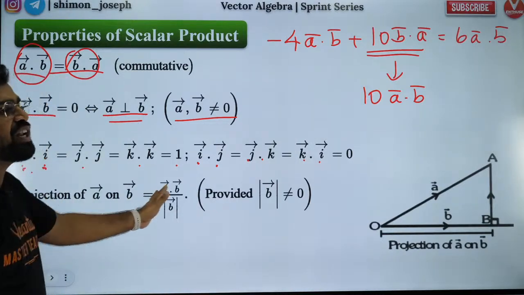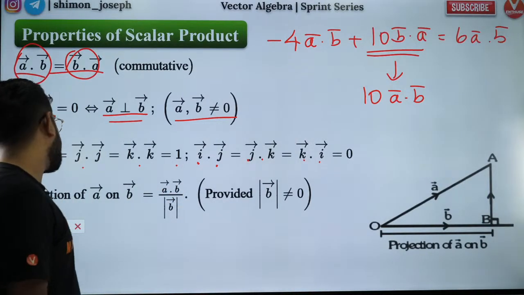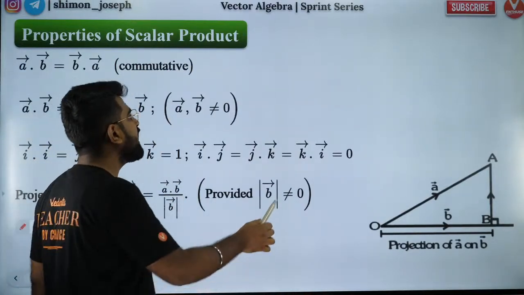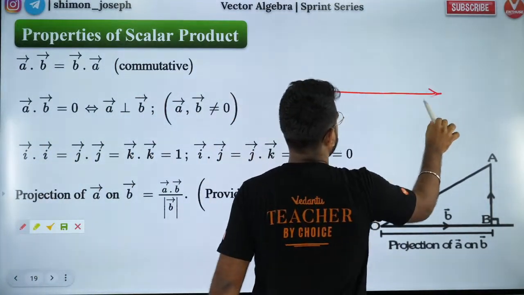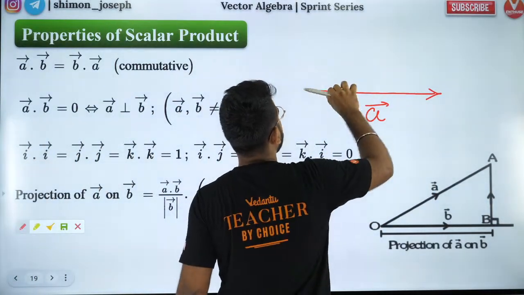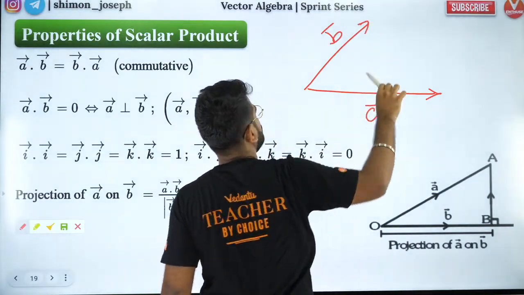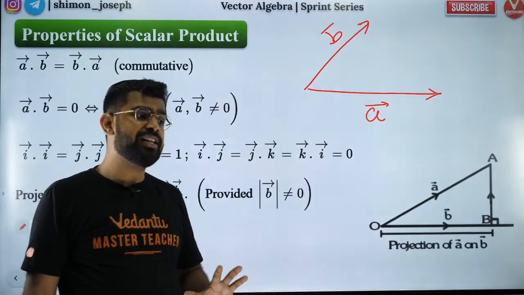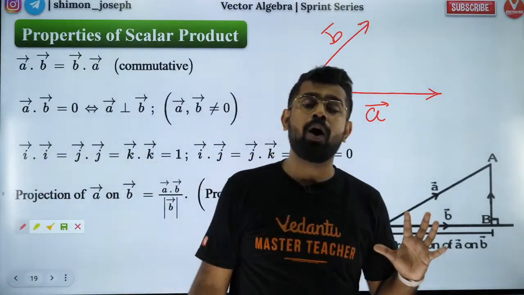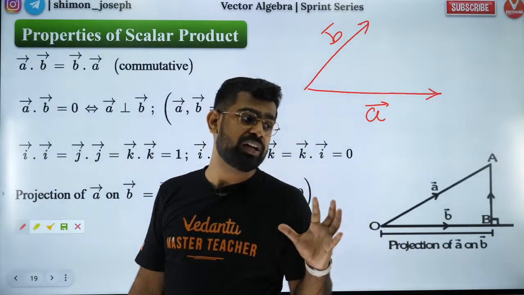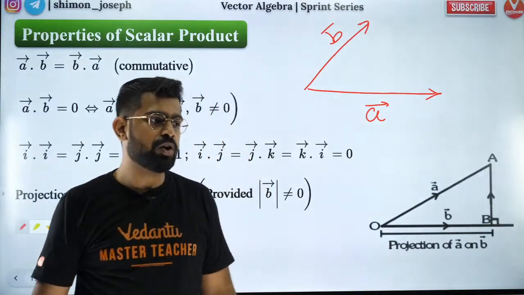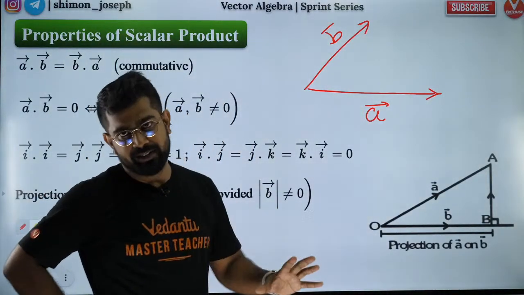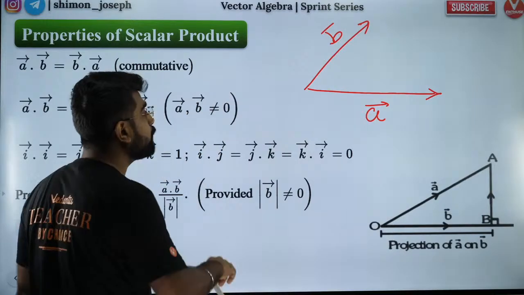So guys, projection I will teach you. Are you all ready for projection? Okay, let's have a look at it. So people, let us say you have two vectors, A vector and B vector. Listen carefully because I want you to be able to solve it on your own later. A dot B is dot product, but now we are worried about projection.